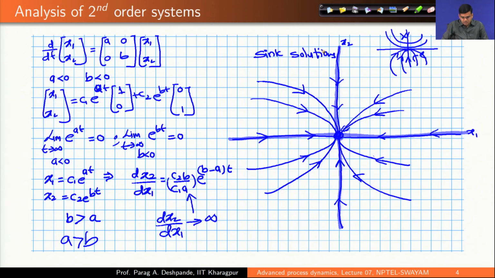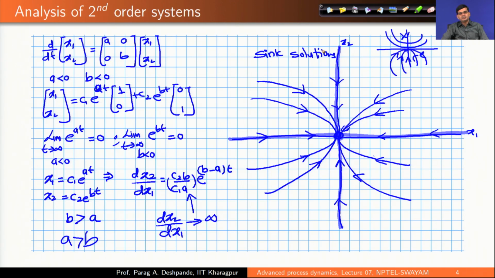So, what we saw today is that you can cast a second order dynamical autonomous system in the form dx by dt equal to A x, where x is the dynamical vector and A is the matrix.